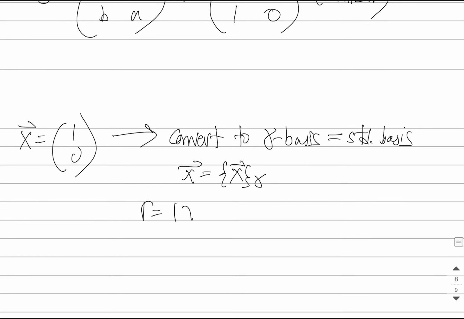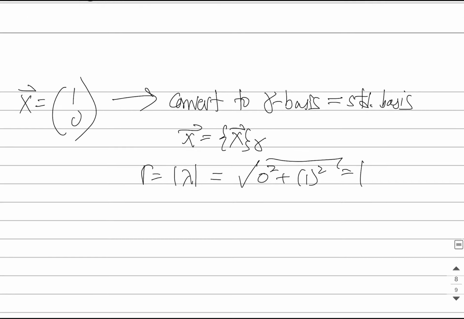R will be the magnitude of my eigenvector. 0 squared plus 1 squared is just equal to 1. The amount of rotation is just going to be tan inverse of 1 over 0, undefined. So then it'll be pi over 2.